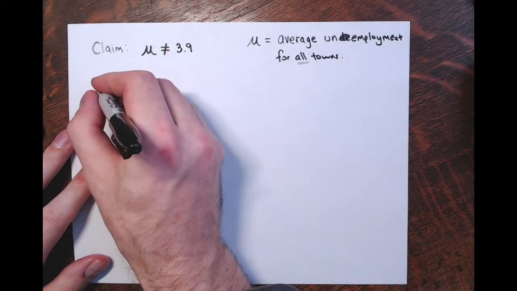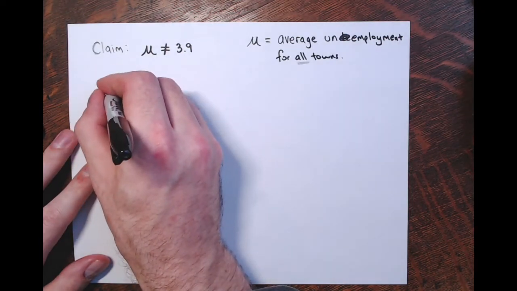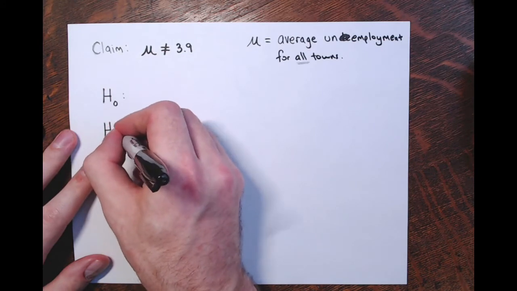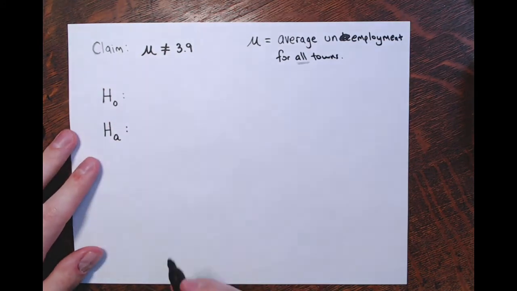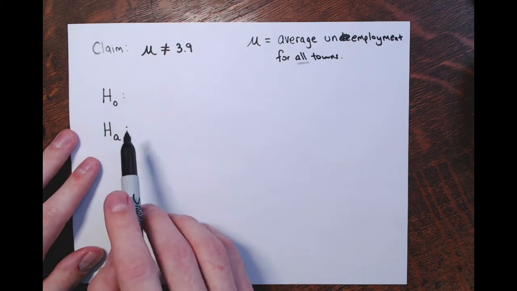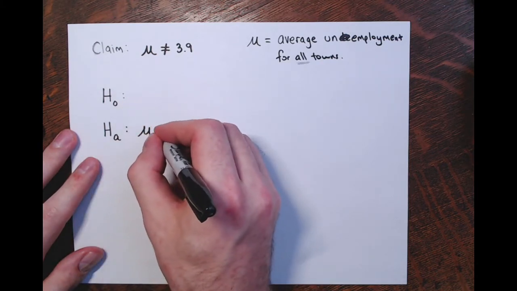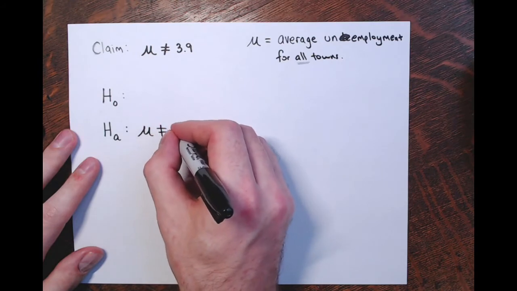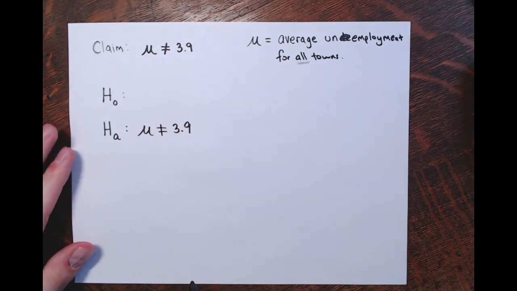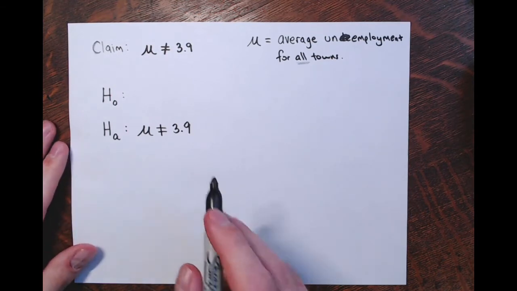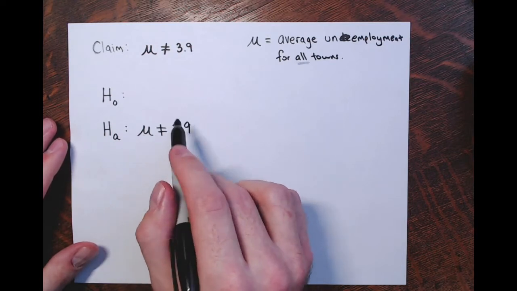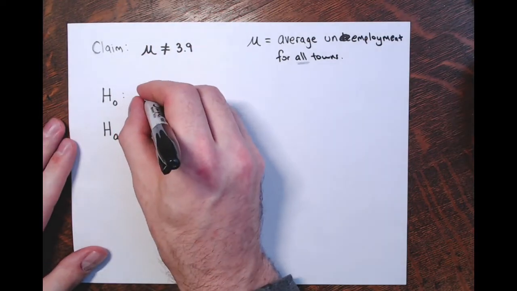So when I go to set up my hypotheses, the null hypothesis and the alternative hypothesis, the claim is going to be represented by the alternative hypothesis. The alternative never involves equality. So the claim is in the alternative. And remember, once one of these is set up, the other one is the opposite. The opposite of not equal to is equal to.